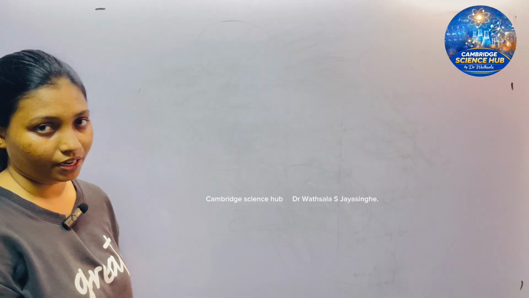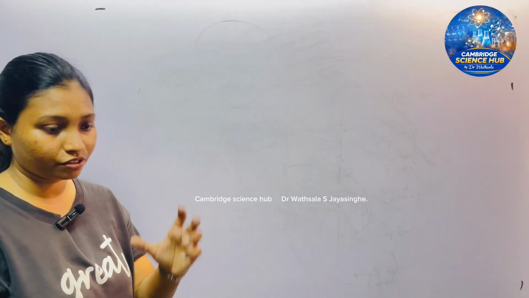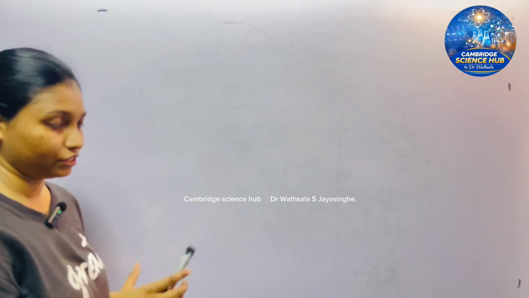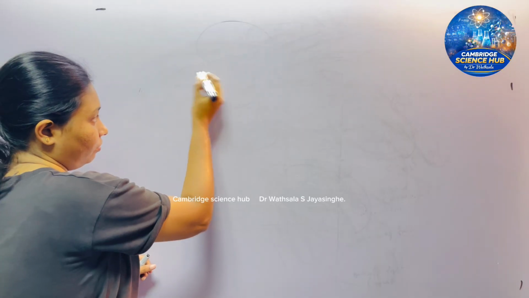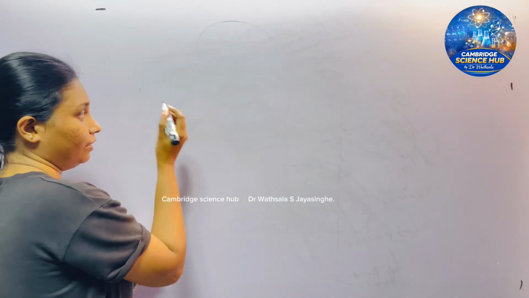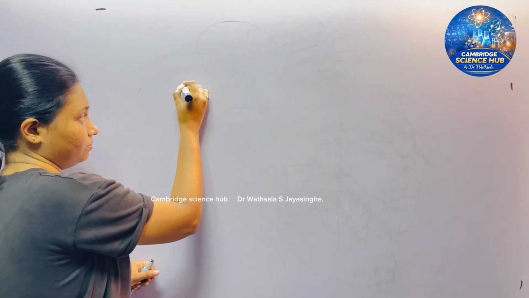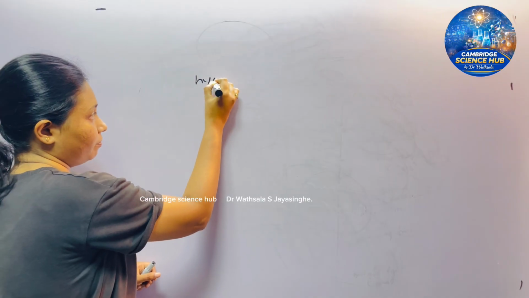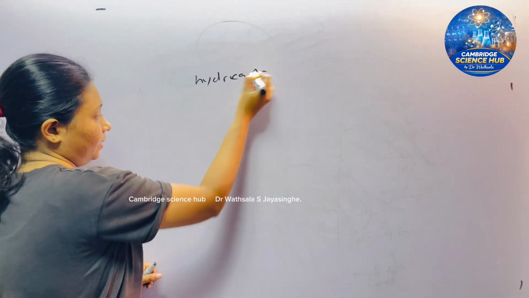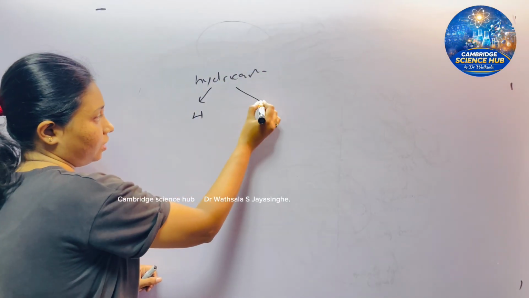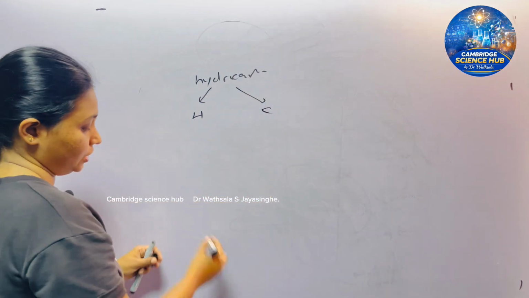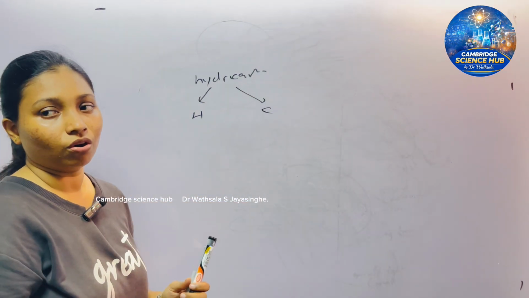I already told an important point, petroleum substance is a mixture of hydrocarbons. Hydrogen means H, carbon means C there. And we studied about the covalent bonds.